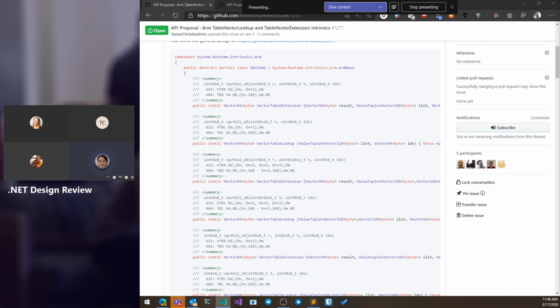So what do we have to do to figure out how to represent the multi-register form? There's the value tuple case or the custom type case. Is there another? How do we make that decision? Yeah, to me there are two dimensions. One of them is pure usability of the APIs, which I already wrote some notes on where we can see how this looks.